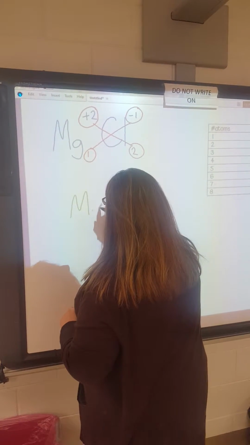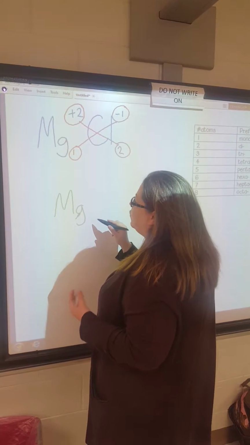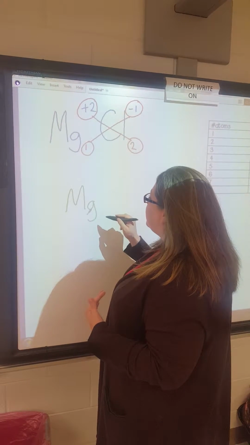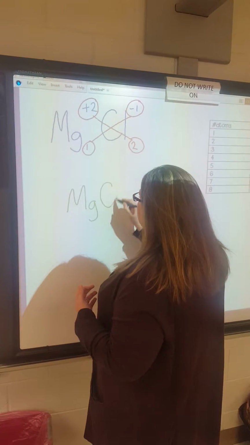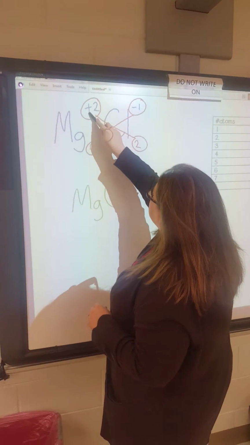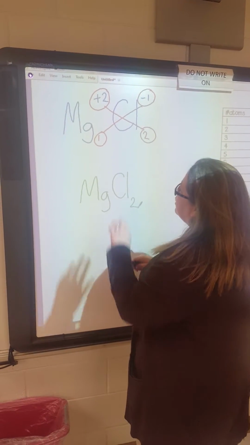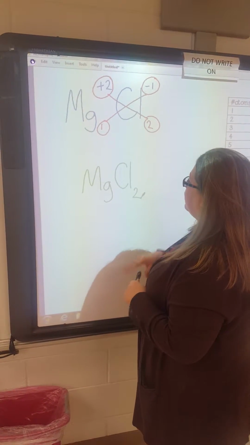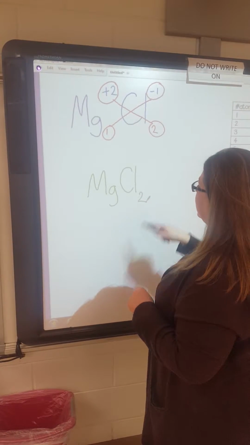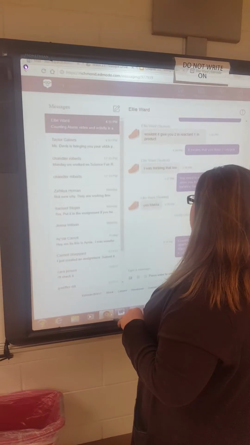Mg has a 1, but because it's 1, I don't necessarily have to write the 1. I can leave it blank, and it's understood that there is 1 magnesium. And chlorine has a 2. When you crisscross, the number comes down, but the plus and minus you just drop. So I have MgCl2 as my formula.